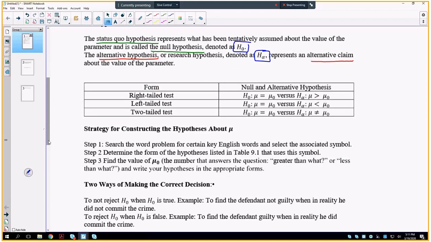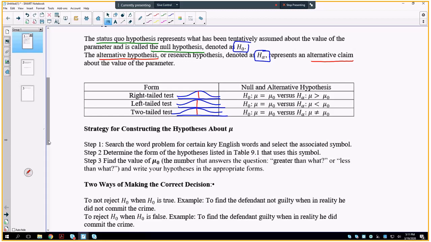And then in these testing situations, we have a few different kinds of tests. So you may have what is called a right-tailed test, a left-tailed test, or a two-tailed test.